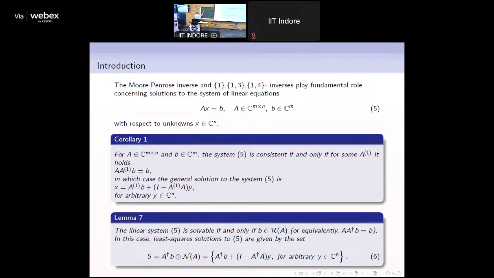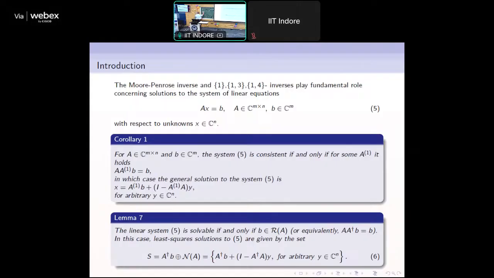Of course, we want to solve AX equal B. Of course, the condition B in range of A is a natural requirement.